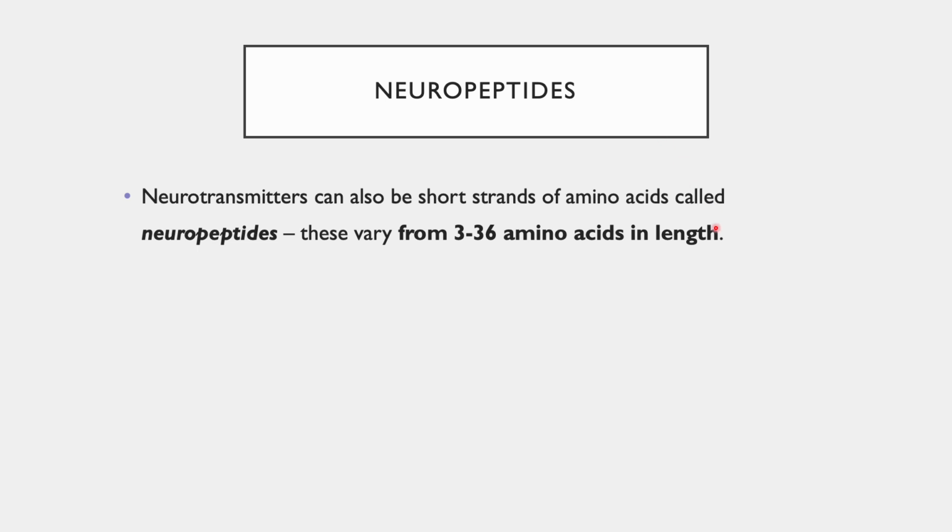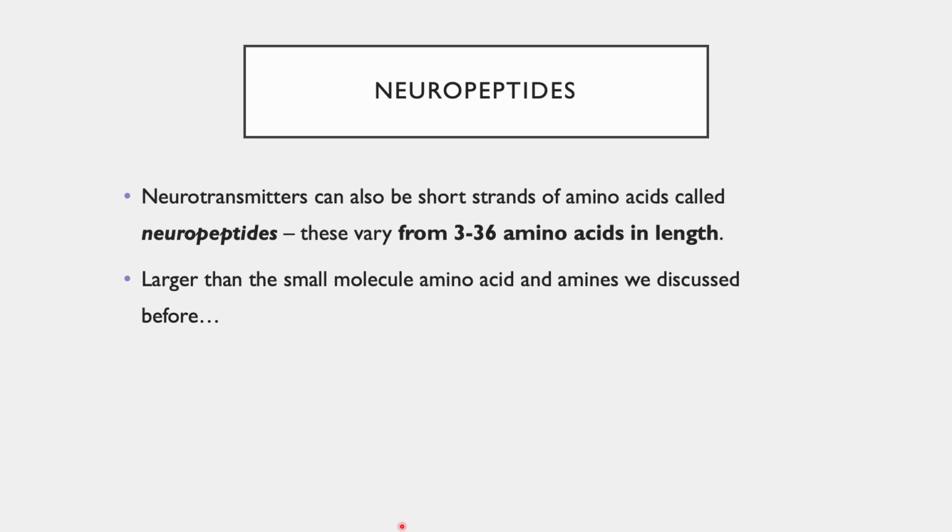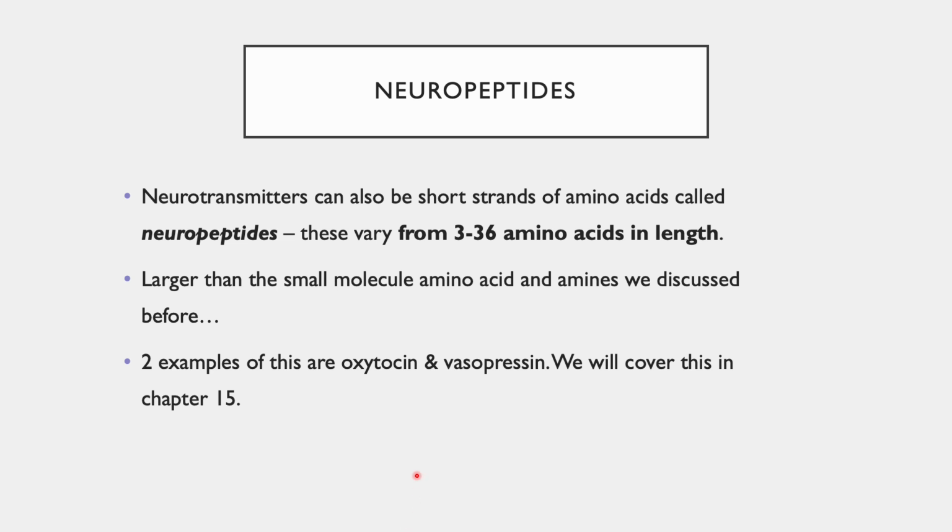Now, neuropeptides can also be short strands of amino acids, and they vary between 3 to 36 amino acids in length. These are large molecules. They're larger than the small molecule amino acids and amines that we discussed before. There are two examples that I want you to know. The key neuropeptides I'm going to talk about are oxytocin and vasopressin.